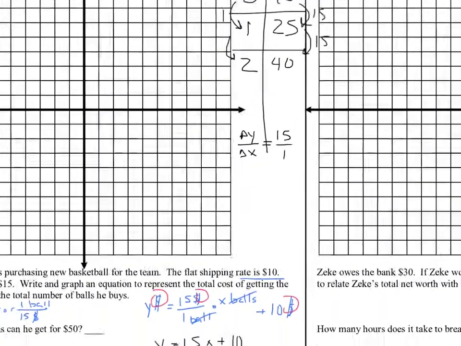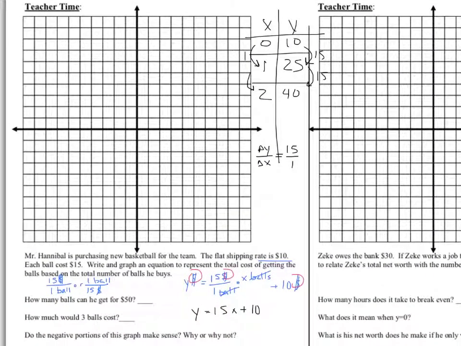Sure enough, our equation in slope-intercept form right down here has the same slope, 15 over 1. We also see the y-intercept up here, 0, 10, is the same y-intercept that we have down here. So you actually could have created the t-chart first and then used the t-chart to make your equation.